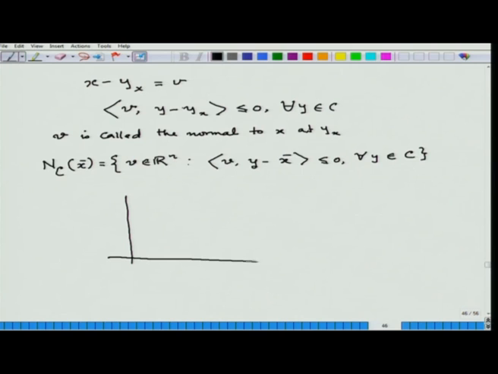But suppose I have a set like this, this is my set C, and here you draw the normal cone, it is like this, this is my x bar. But you might ask me, then where is your 0? 0 is here, but x bar is not 0. Actually, this is nothing but a translation of the usual original normal cone. To draw the normal cone, taking 0 as the base point or the vertex, you draw lines parallel to this one.